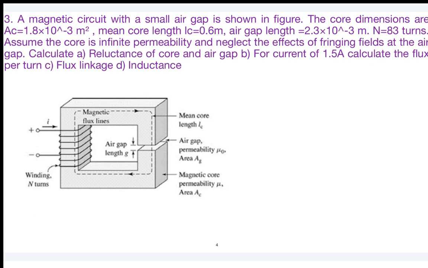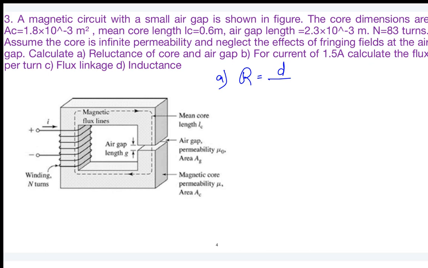So the first thing, if you want to calculate the reluctance, you can remember the reluctance of anything will be given as the mean length divided by mu into area of cross section, right? First case, if you want to calculate the reluctance of the core, can you post the answer in the group?